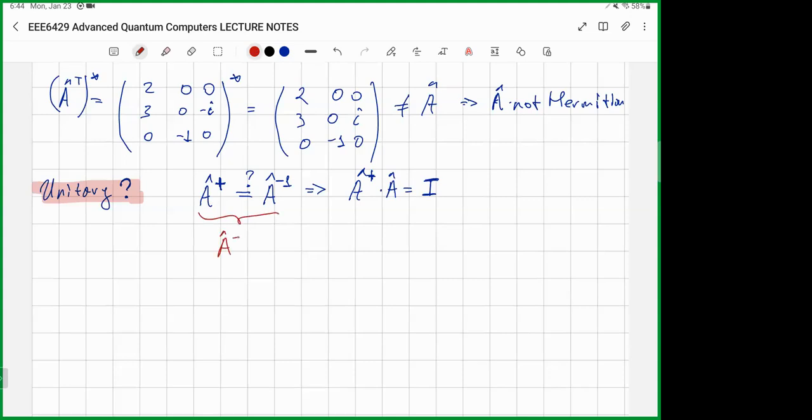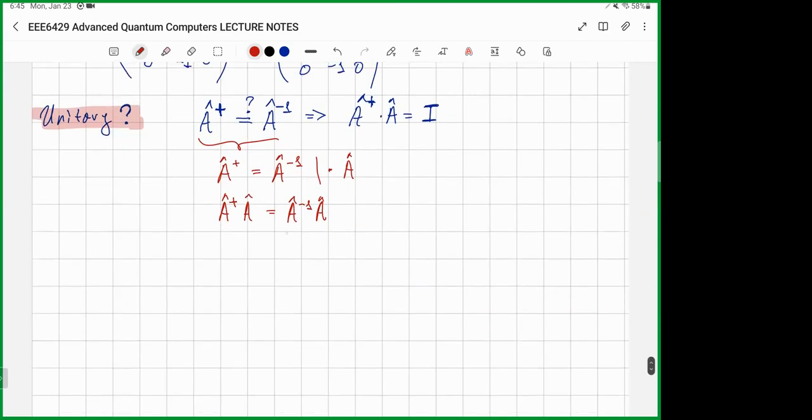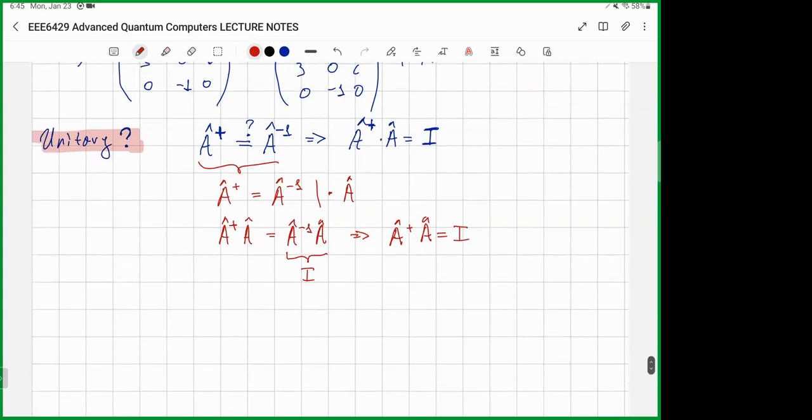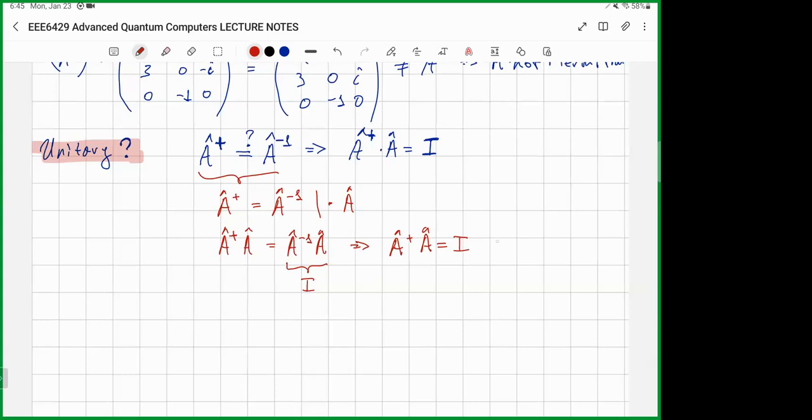If A dagger equals A inverse, then I can multiply both sides by the matrix itself, and I will get A dagger A, and here A inverse A. But by definition, A inverse A is the identity matrix I. So I conclude that A dagger A is equal to the identity matrix only if A is unitary.